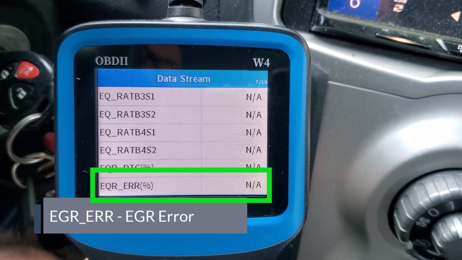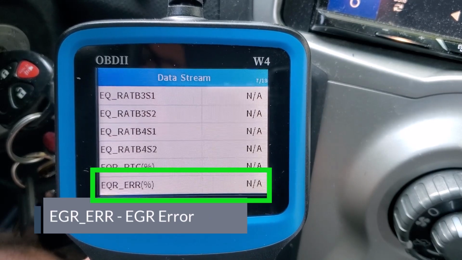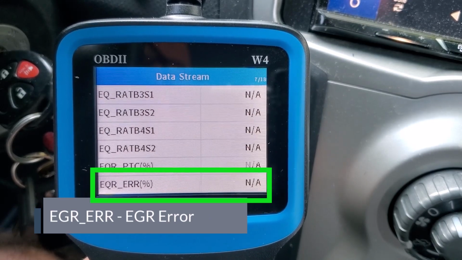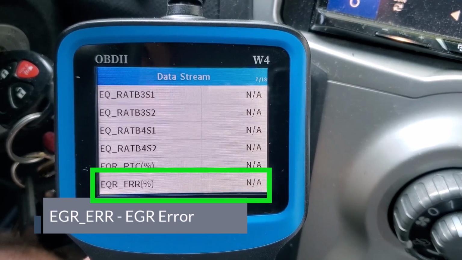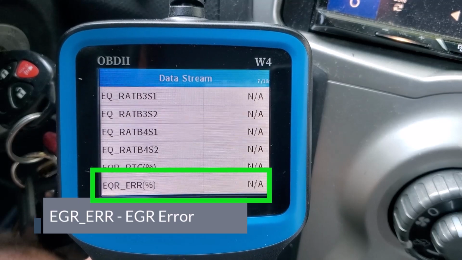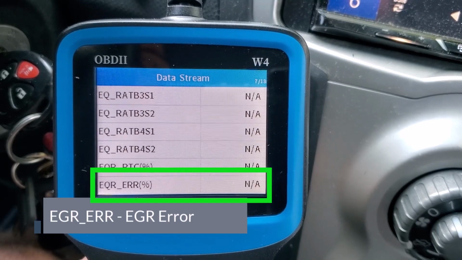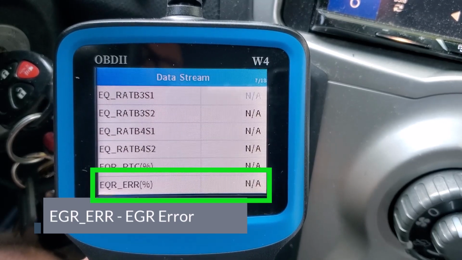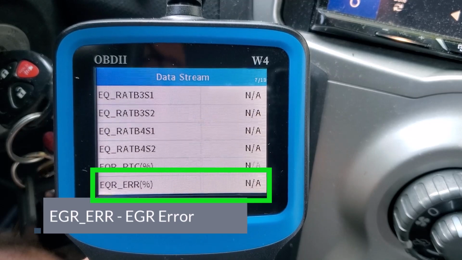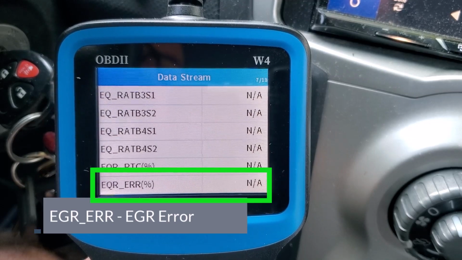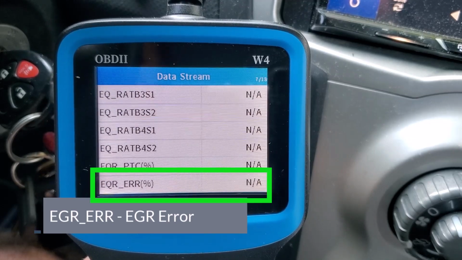So it'll be a negative percentage if it's less than the commanded, and a positive percentage if you're getting more than the commanded amount. So that is EGR error, and I plan to go over the EGR and the evap system more in depth in another separate video, and then we can go through some troubleshooting, looking at actual values when there's a problem and that sort of thing.